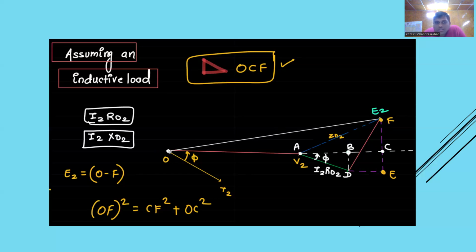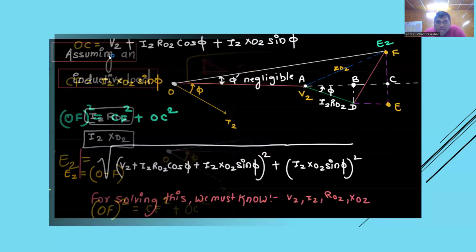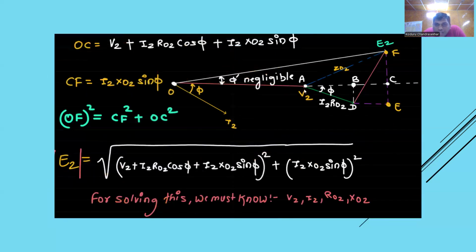According to the Pythagoras theorem, OF square is equal to CF square plus OC square. We need to find the length of OC and CF to find the value of E2, which is our main purpose. The value of OC will be equal to V2 plus I2 into R02 into cos phi plus I2 into X02 into sin phi. We are basically taking components here. And the value of CF will be equal to I2 into X02 into cos phi minus I2 into R02 into sin phi.